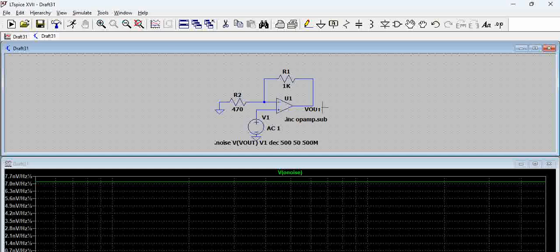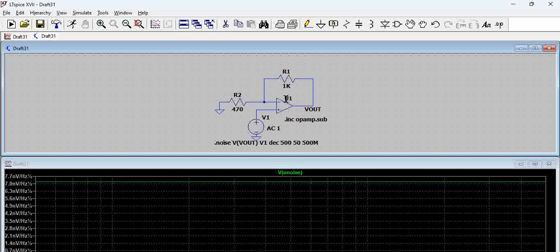The output is seen as this much noise, and this noise could be thermal noise, and it is contributed by all the components in this specific circuit.